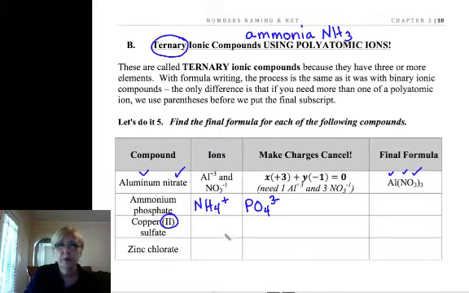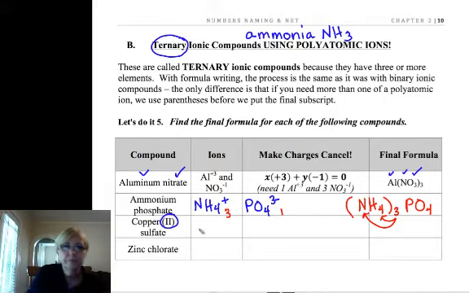My least common multiple is 3, so I need 3 of the ammoniums, and I need 1 of the phosphates. Now, if you need more than 1 of a polyatomic, you have to put parentheses around it, because I have 3 of the whole ammoniums, not just 3 times the hydrogen. So that means I have 12 hydrogens and 3 nitrogens, and then I would put my single phosphate down.